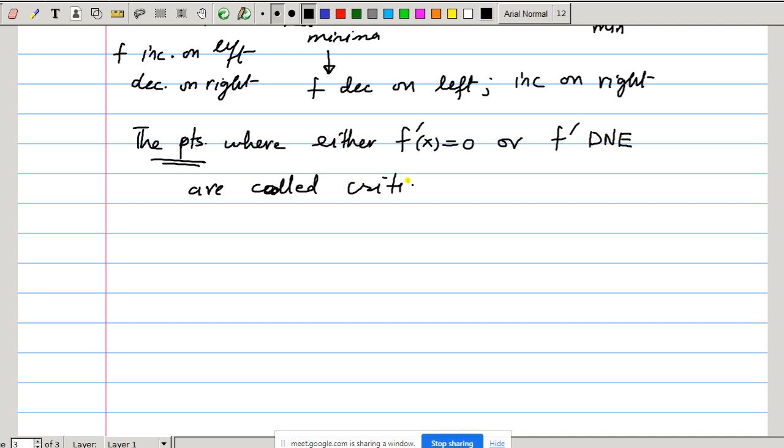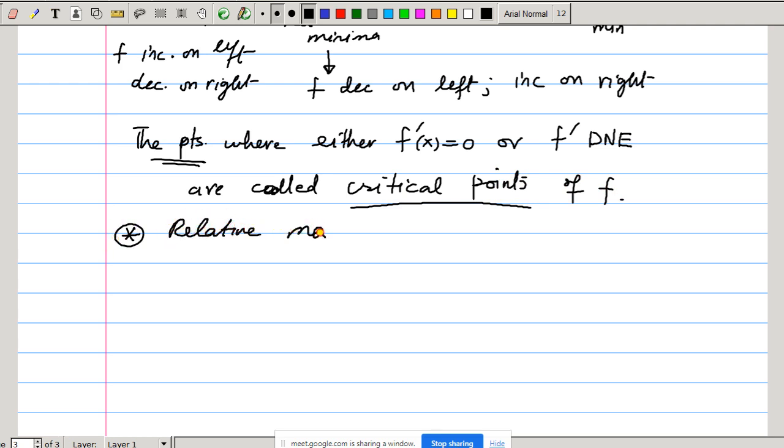If the first derivative is 0 or does not exist, they are called the critical points of f. And your maxima and minima only occur at the critical points of f. So this is the note: relative maxima and minima only occur at critical points. So we only look at the critical points, we do not look here and there.